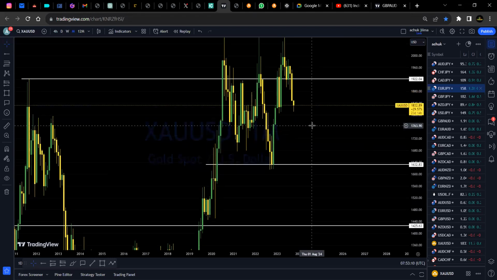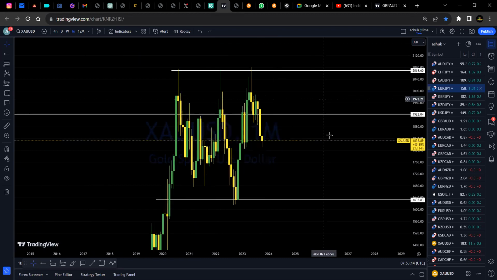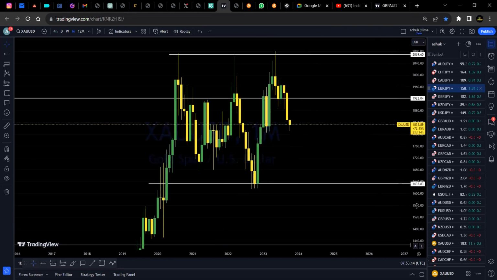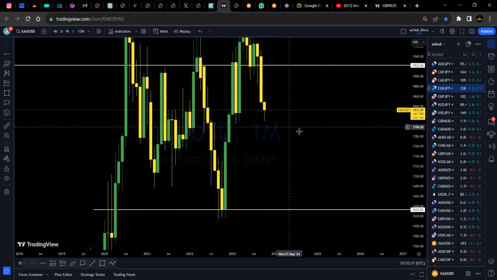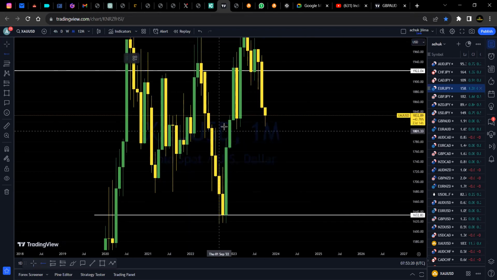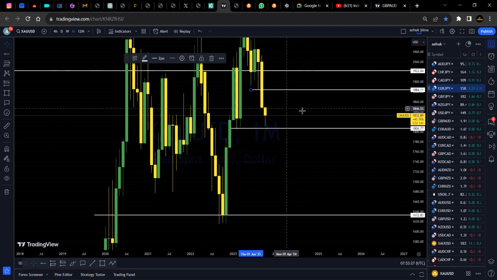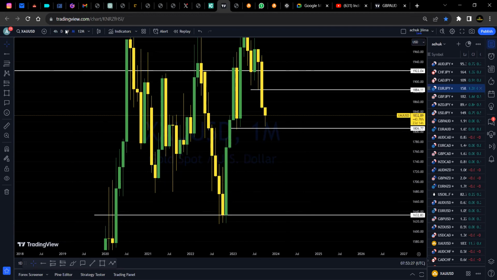Okay, those are the obvious low points, and we have these also highs. So once we have an understanding of that, then we can come to the hidden highs and the lows. So this is another low, and we have these areas. So those are our key levels on the monthly chart.